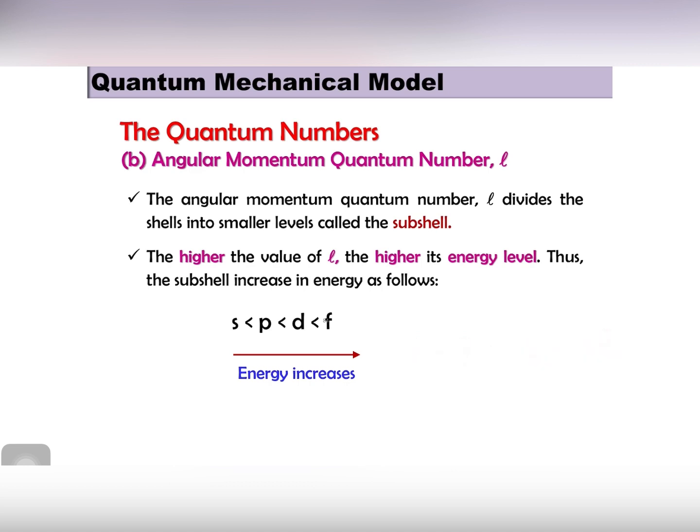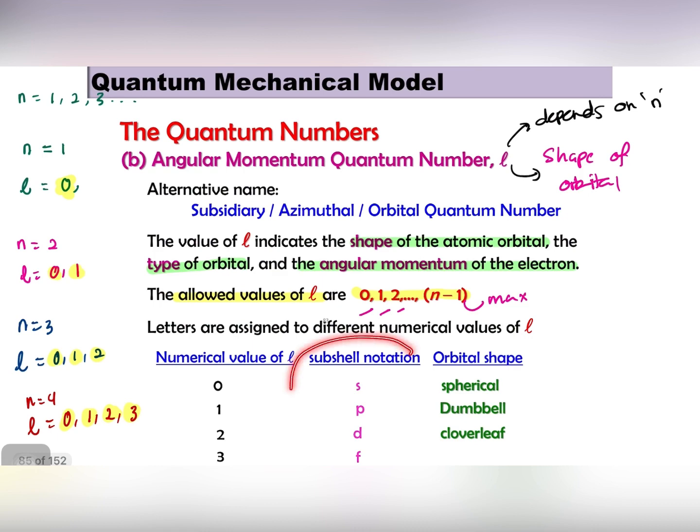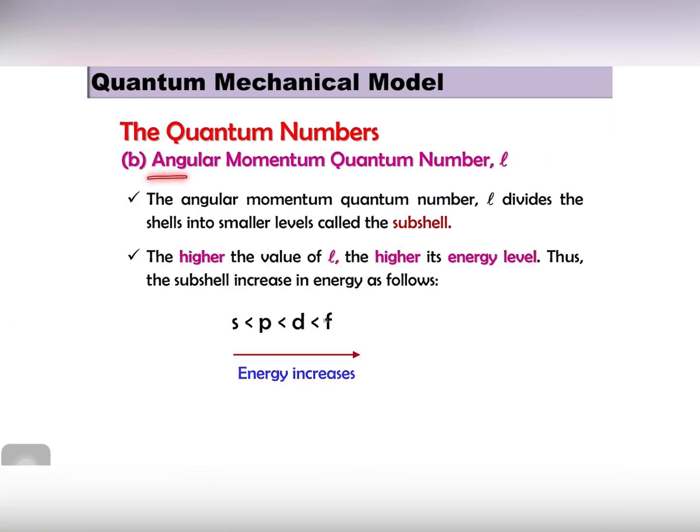So that is the meaning of the subshell notation here. So here the angular momentum quantum number L depends on the principal quantum number that we learned earlier.